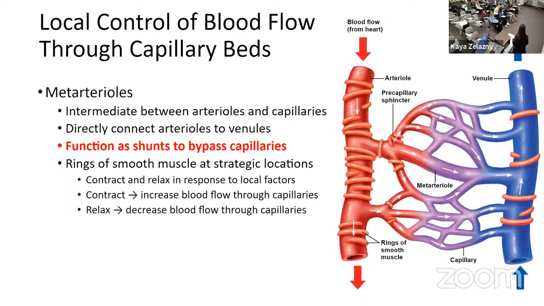So contraction of the smooth muscle in a meta-arteriole increases blood flow through the capillaries. And the reverse is true. If that smooth muscle relaxes, the meta-arteriole is dilating, getting a larger radius, therefore lower resistance, more flow, which means that if the flow is going through the meta-arteriole, you'll have less going through the capillary.